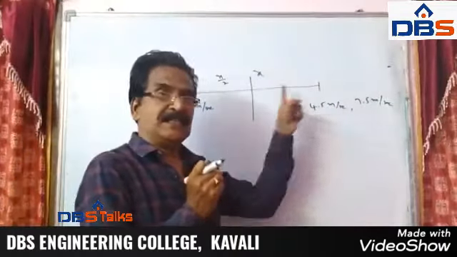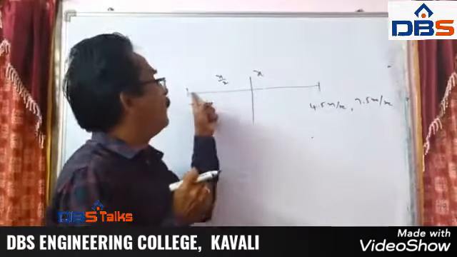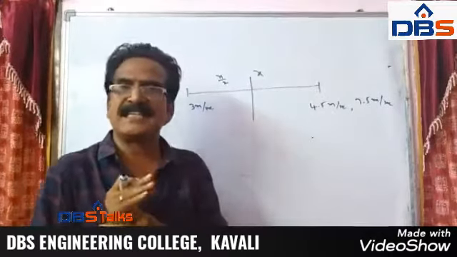Here, say the total distance is x. From this point to this point, the total distance is x.